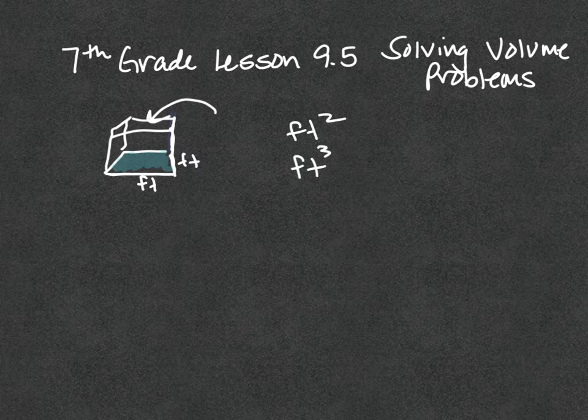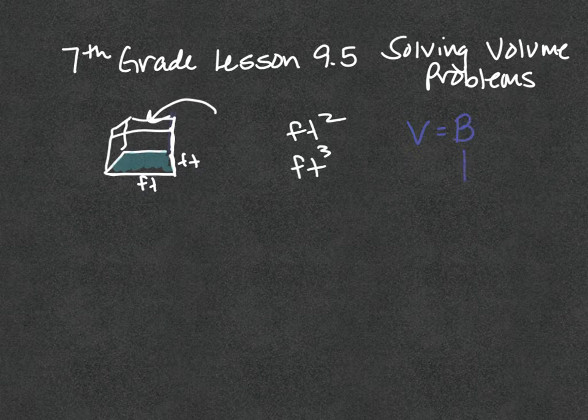So let's just brush off some cobwebs on area, because we're going to need to know our area formulas. Because the formula for a triangular prism or a rectangular prism, for finding volume, or a cylinder, which is a 3-dimensional circle prism, is going to be volume equals this capital B. So that doesn't mean base.